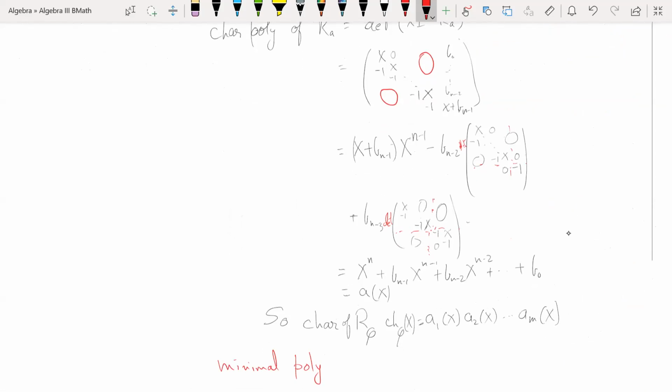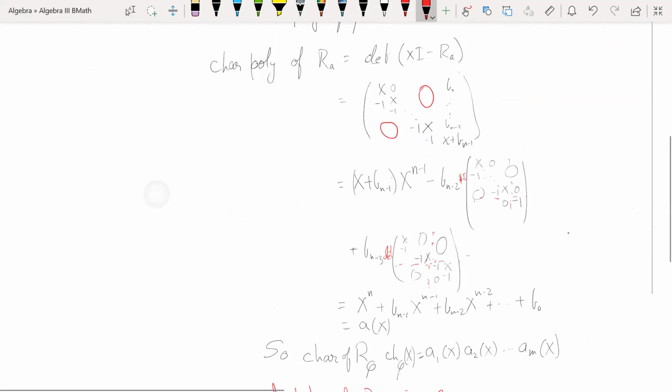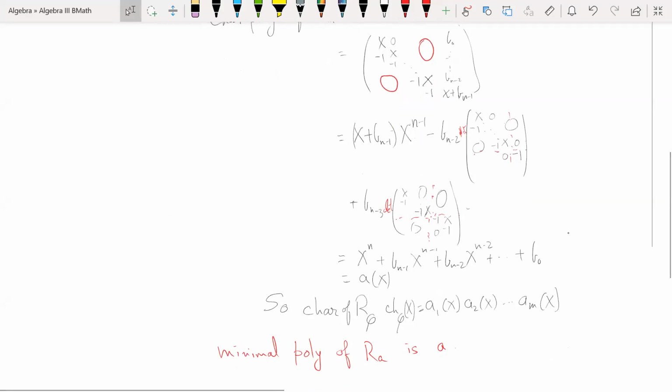You consider R_a as a linear map from some vector space to itself, and its rational form is itself, because it is in rational form. That tells you there's only one invariant factor.